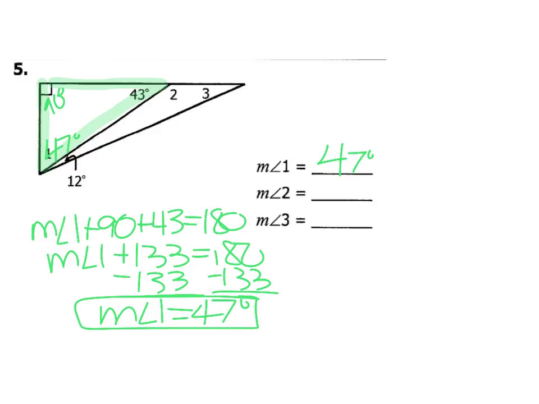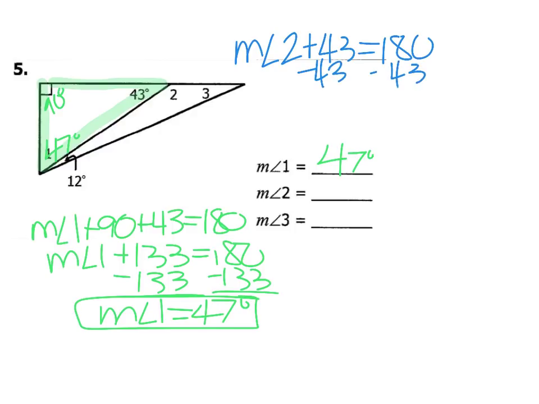So in order to find the measure of angle 2, we can say that measure of angle 2 plus 43 has to equal 180 because linear pairs are supplementary. Subtract 43 from both sides, and we get that the measure of angle 2 equals 137. All right, so we can write that in here. Measure of angle.